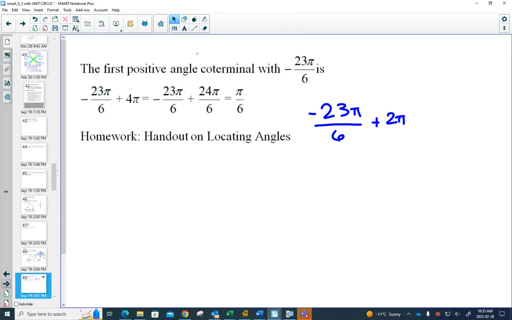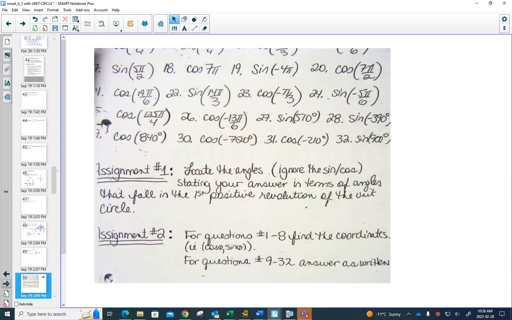So, I have got a worksheet that we're going to do a little bit together. And the more that you practice early with your radians, the rest of this unit will go better and better. So, this is assignment.